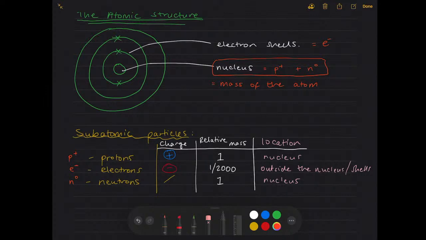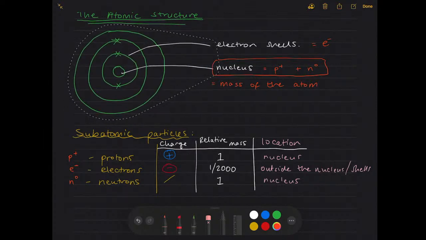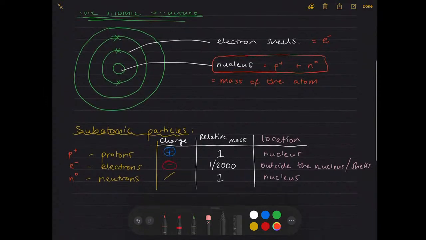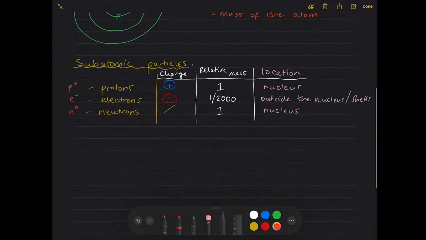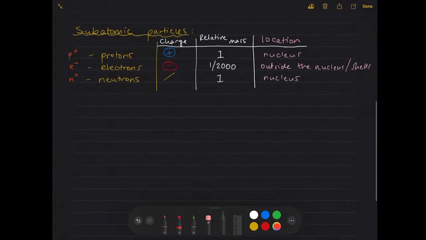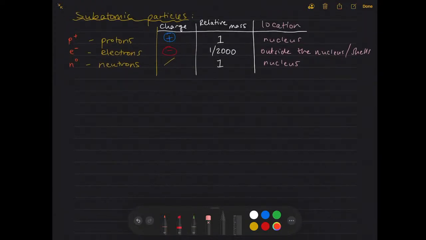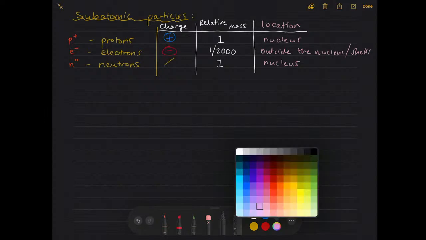It's very negligible in comparison to protons and neutrons. So if we wanted to weigh this atom, most of the mass would come from the nucleus. That's an introduction to protons, electrons, neutrons, and the atom. You will have to be confident in talking about protons, electrons, neutrons, and calculating them from the periodic table.